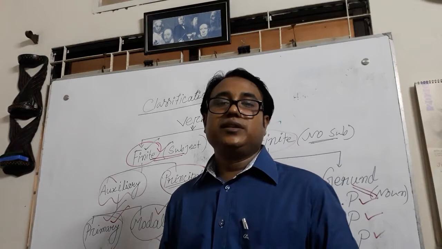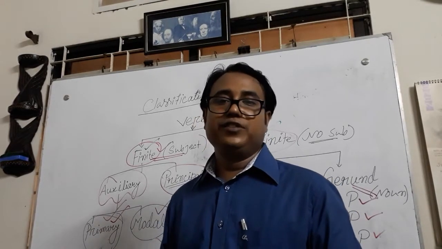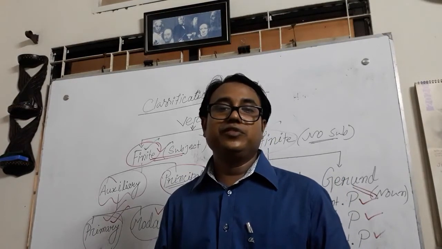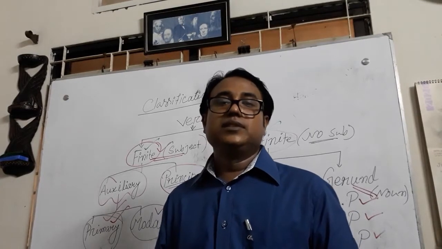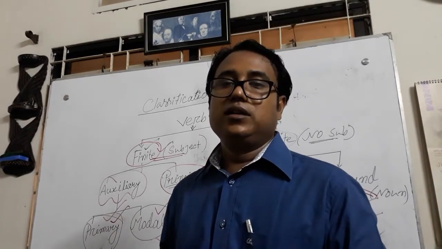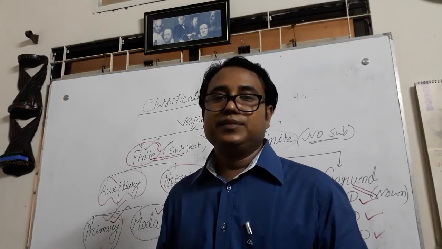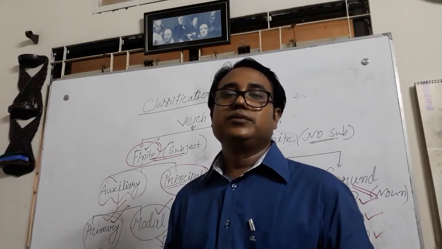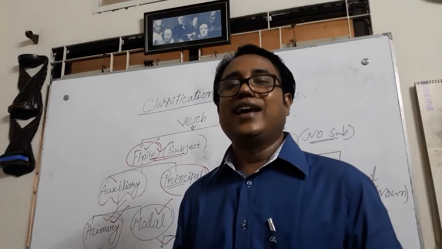Have a look. Auxiliary verb is divided into two types, that is primary auxiliary and modal auxiliary. Primary auxiliaries are be verb, do verb and have verb, and in detail be verb is like am, is, are, was, were, and do verb: do, does, did, have verb: have, has, had.